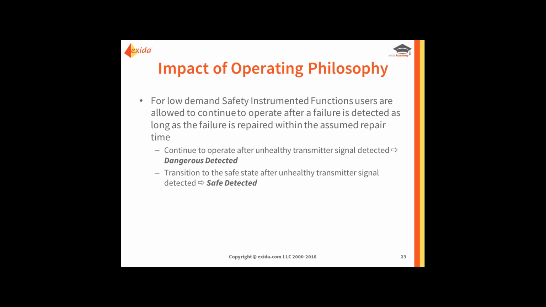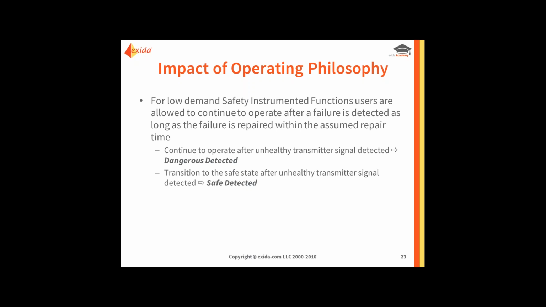But if we continue to operate with a failed transmitter, that transmitter is no longer able to indicate the correct process value, it's a dangerous failure. It's detected. We know it's wrong, but it's a dangerous detected failure.